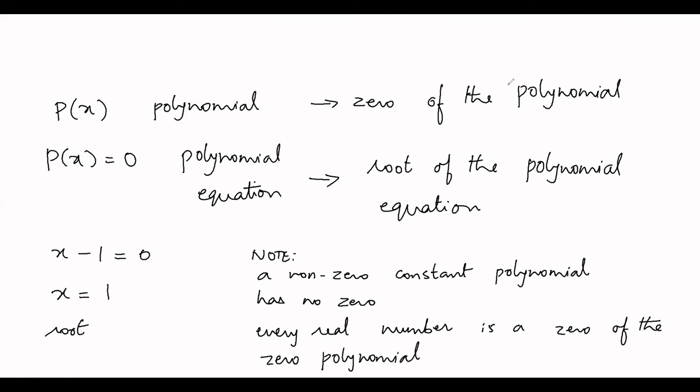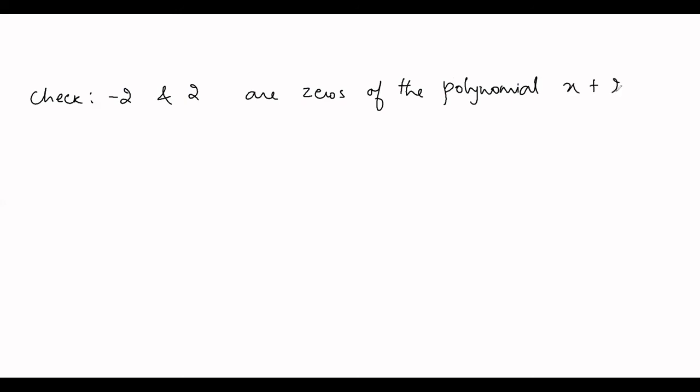Okay, with that, let's look at this question. Check whether minus 2 and 2 are zeros of the polynomial x plus 2. Let p of x be equal to x plus 2.